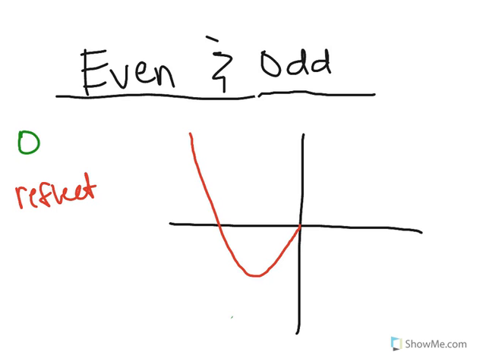Now, if we're looking at an odd graph, then what we're looking for is this. You want to see that your graph is going to reflect across the origin. So odd, origin. But basically what's going to happen is an odd function is not going to reflect across a line, but just the coordinates.